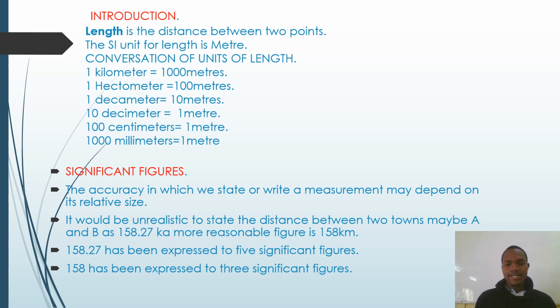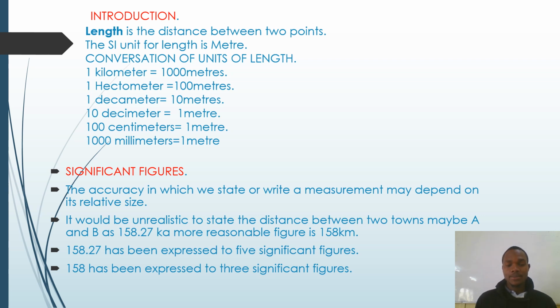It will be unrealistic to state the distance between two dots, maybe A and B, as 158.278 kilometers or meters, as a more reasonable figure is 158 kilometers or any measurement used.